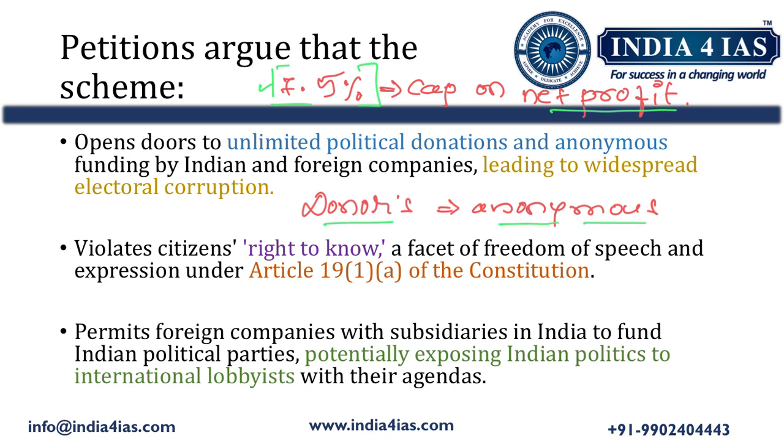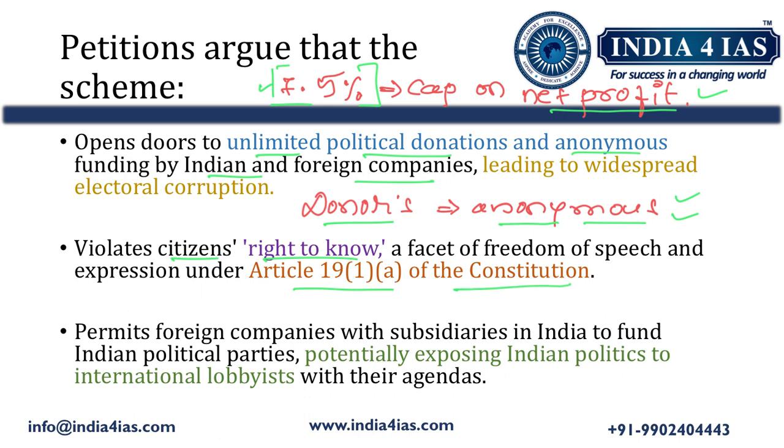The petitioners in the Supreme Court argued that these two clauses have created unlimited political donations and anonymous funding by Indian and foreign companies, leading to widespread corruption in electoral funding. This anonymous clause also violates the citizens' right to know under Article 19(1)(a) of the Constitution.